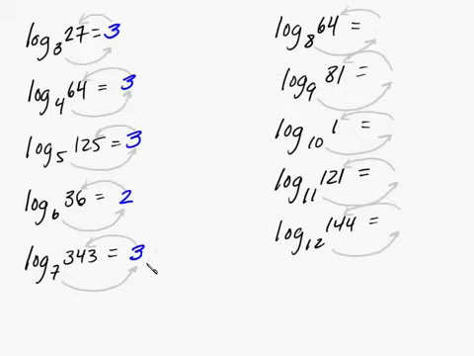That's going to be 3. 8 to what power gives me 64? 8 squared. 9 squared. 10 to the 0 power. 11 squared gives me 121, and 12 squared gives me 144.